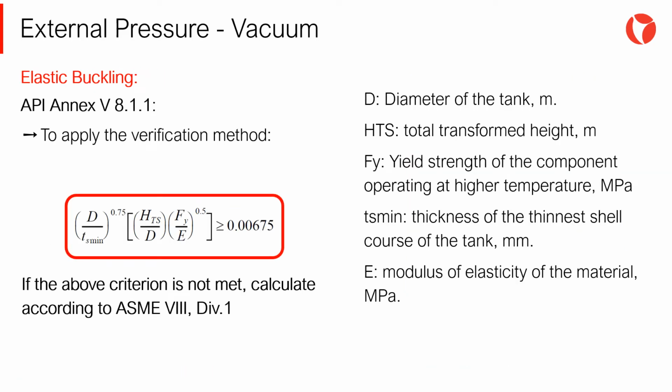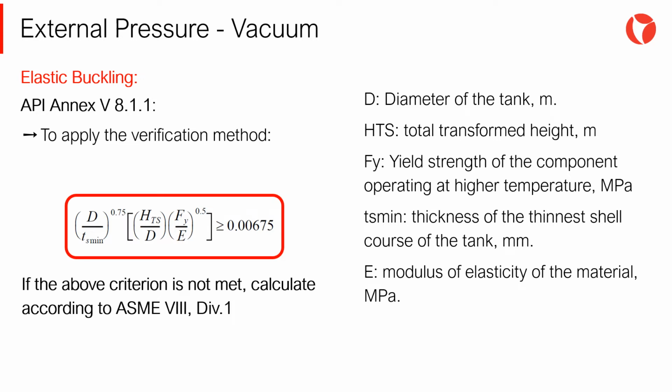To apply the verification method developed in Annex V of the API 650 code, the following criterion must be met, where D is the diameter of the tank, HTS is the total transformed height, Fy is the yield strength of the component operating at higher temperature, Ts minimum is the thickness of the thinnest shell course of the tank, E is the modulus of elasticity of the material.